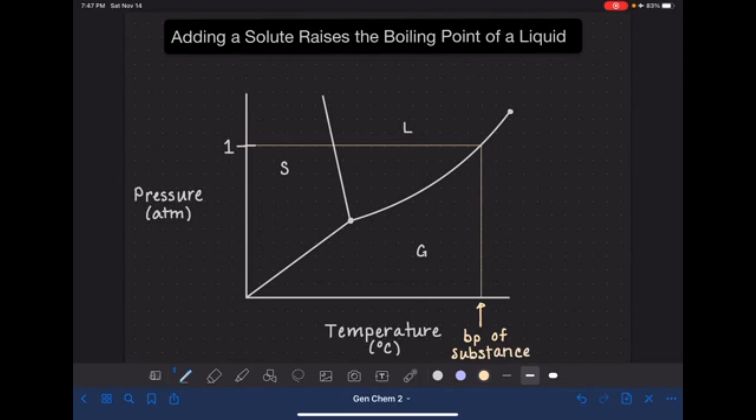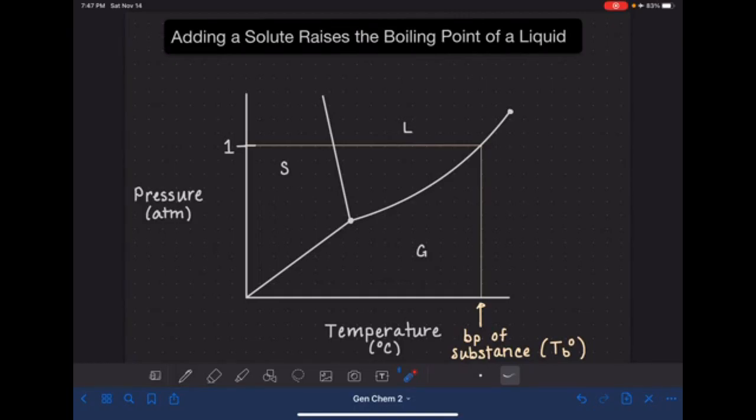And we indicate this with capital T, subscript B, for the boiling point. We're also going to put the standard symbol on it, the degree sign. Again, same notation as we've used before, this indicates that this is the boiling point of the pure substance.